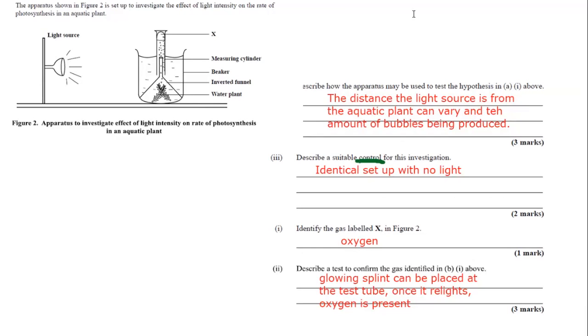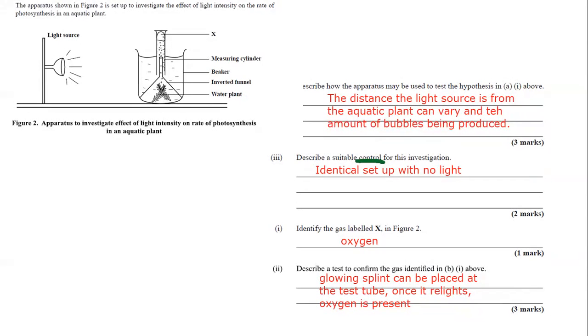Miss, can you explain the apparatus? The first one, describe how the apparatus may be used to test the hypothesis. All right. So we are looking at the effects of light intensity on the rate of photosynthesis. So as we move the light source closer to the plant that is photosynthesizing, what do we expect to happen?